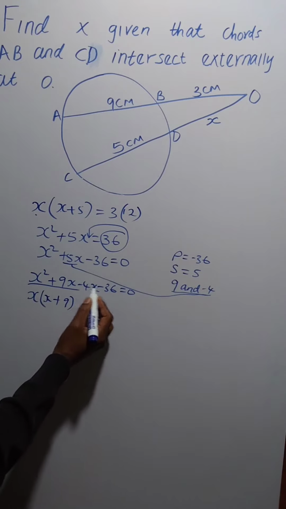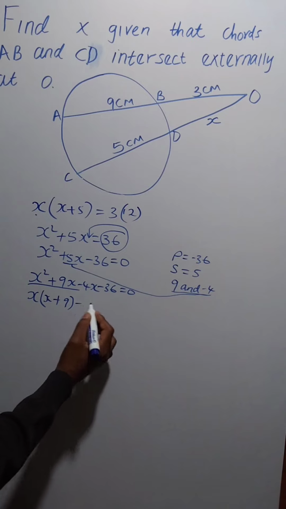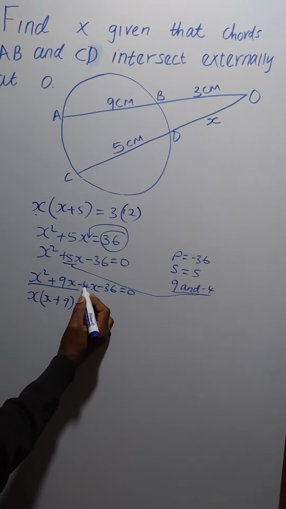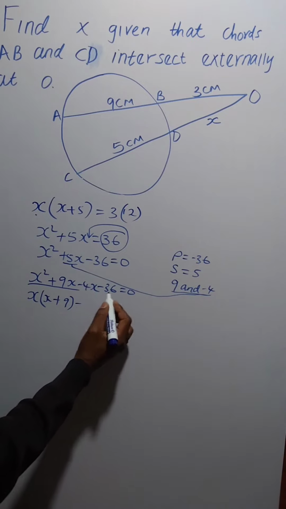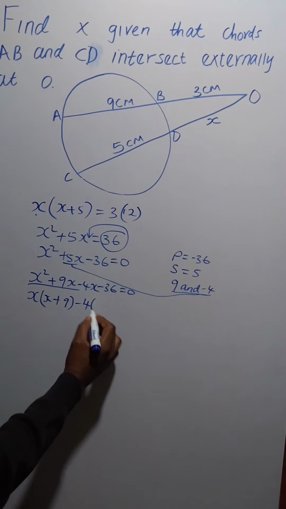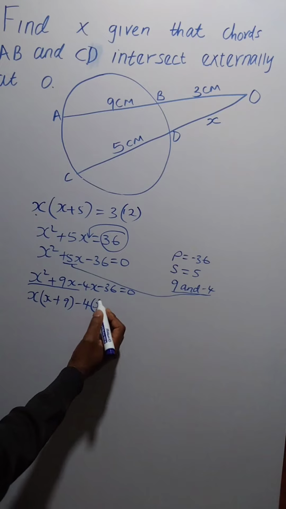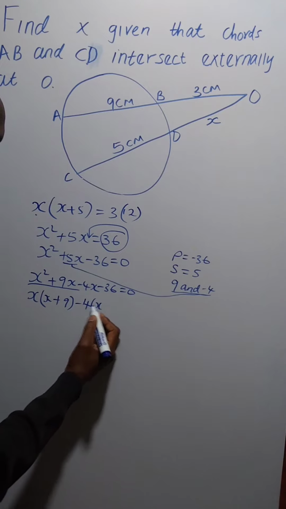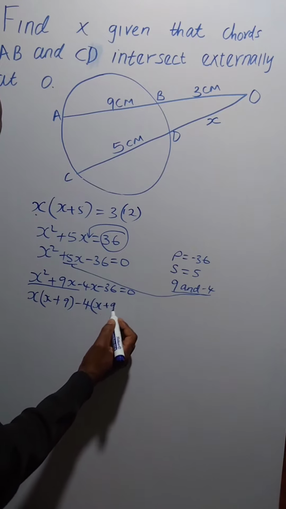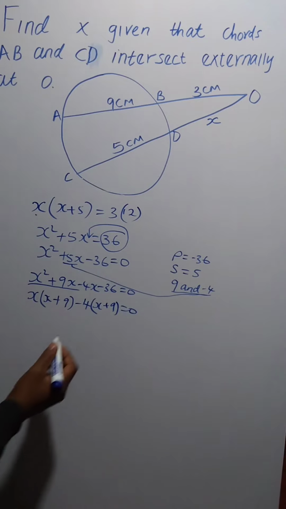Then there is a common negative sign here, so minus 4 and we have 36. So the common factor here is 4, then into negative 4x divided by negative 4 gives us x, then negative 36 divided by negative 4 gives us positive 9 is equal to 0.